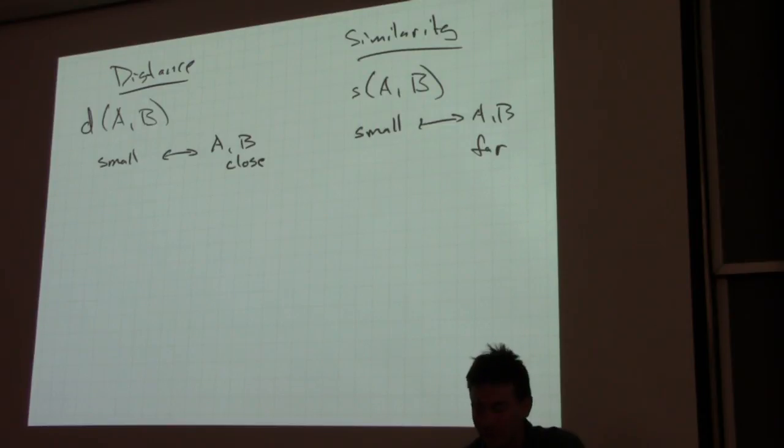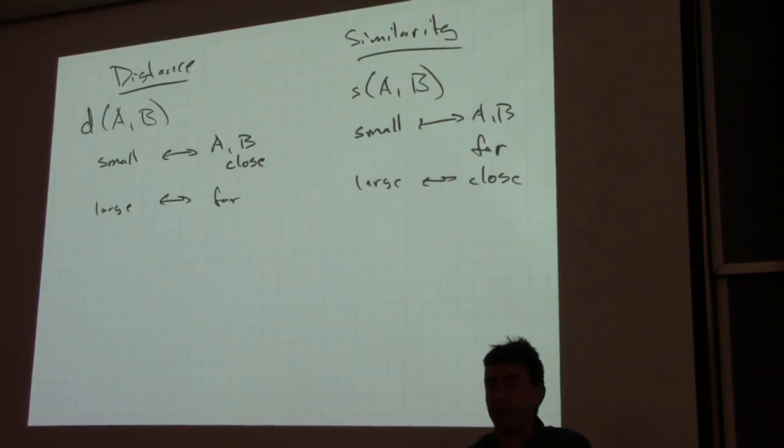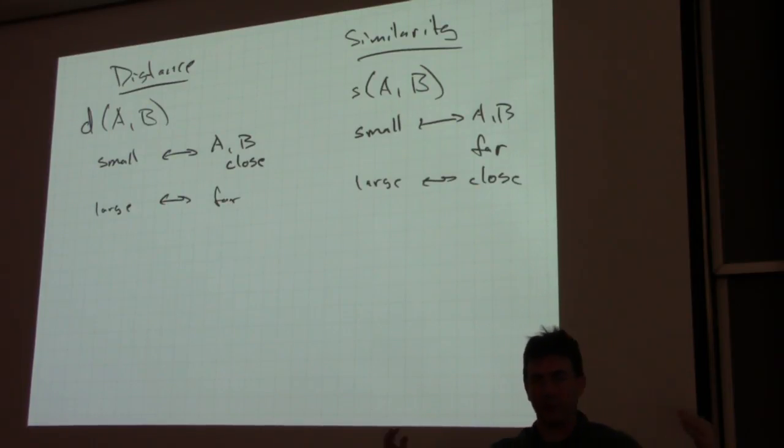These are like opposites of each other. If the distance is large, then these are far, and if the similarity is large, then they're going to be close.